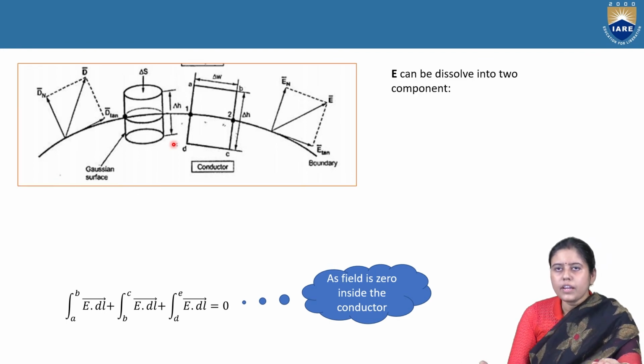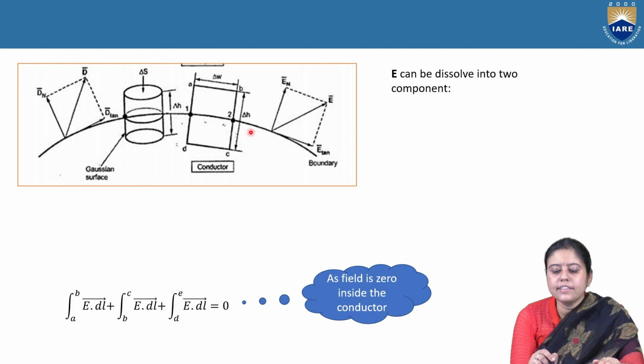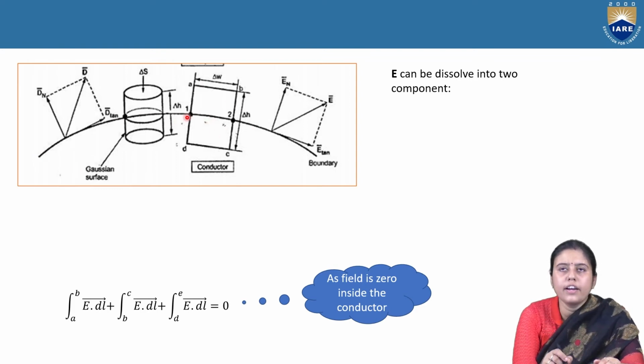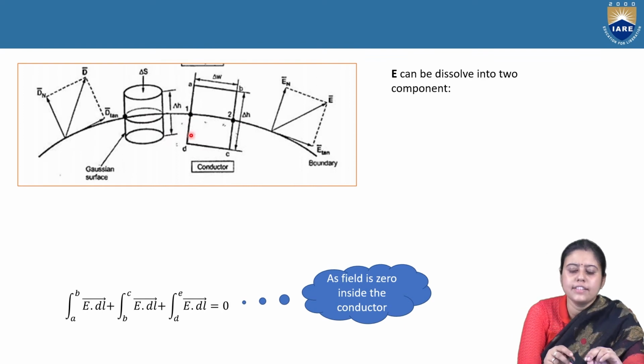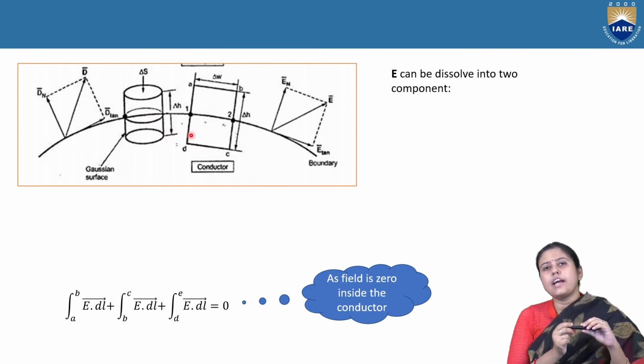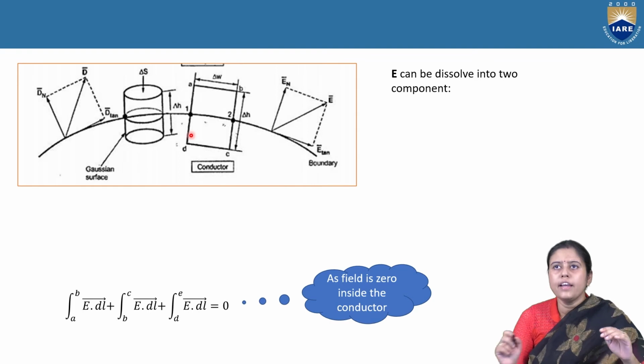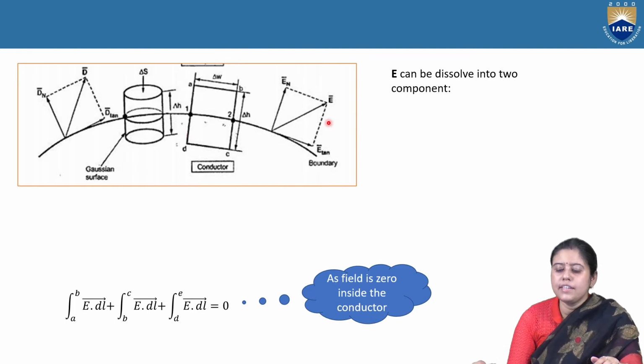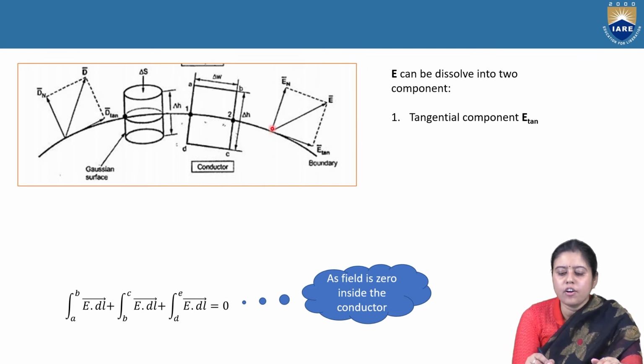Now, when there is a charge, there should be some intensity. When current is flowing through this conductor or on the boundary, charge is on the surface, meaning charge is always on the boundary. So there is some intensity E, and E can be resolved into two components. Number one is the tangential component.